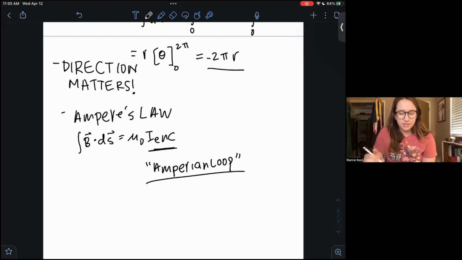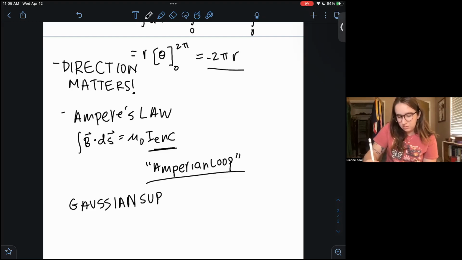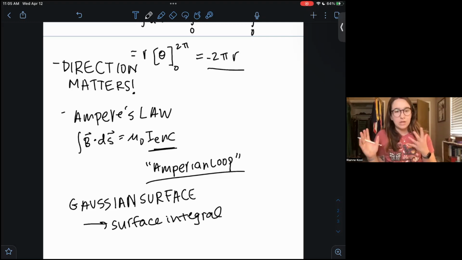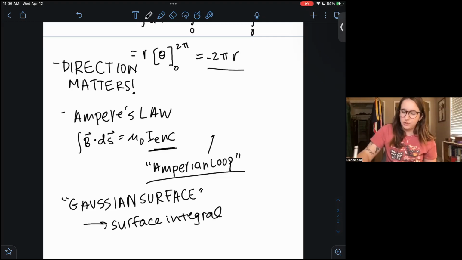Just like we had a Gaussian surface, and that was a surface integral, we have an Amperian loop that is related to a line integral.